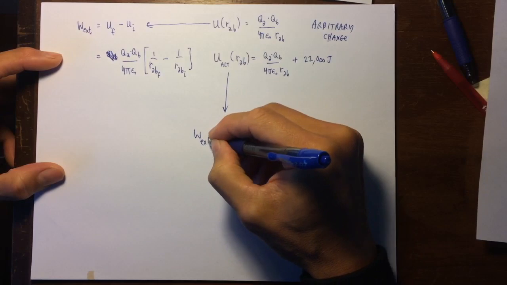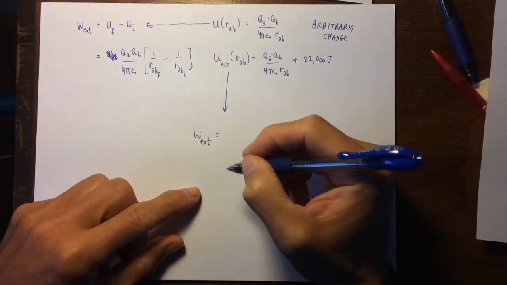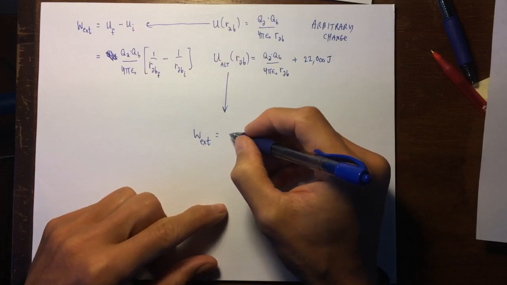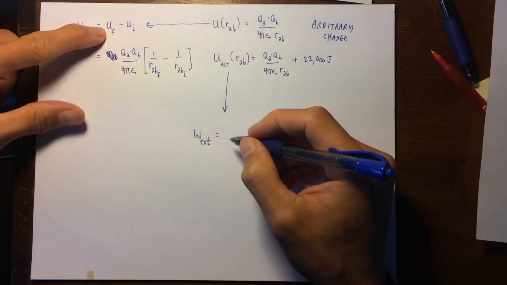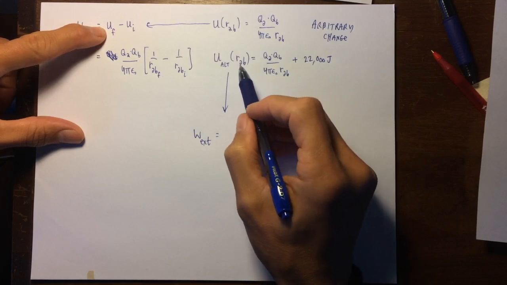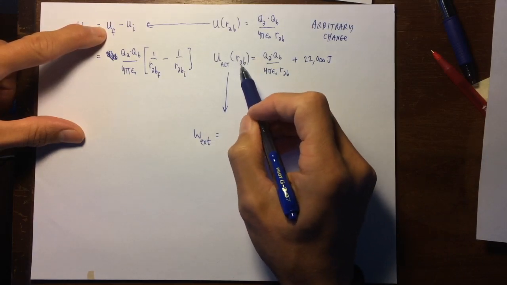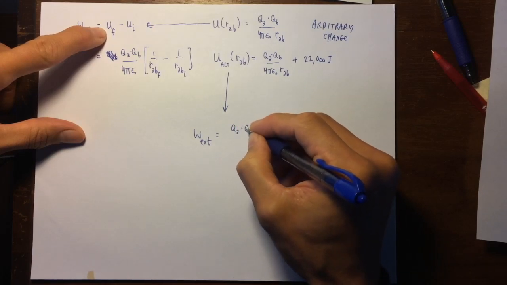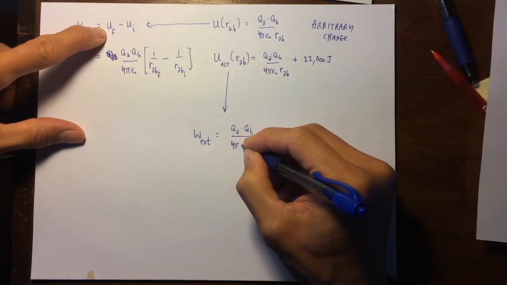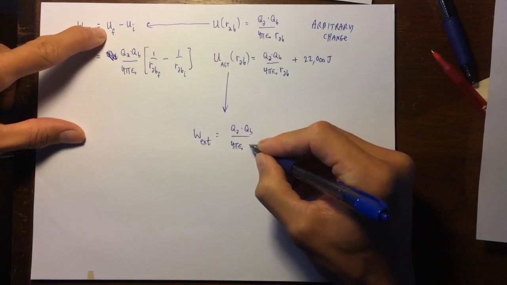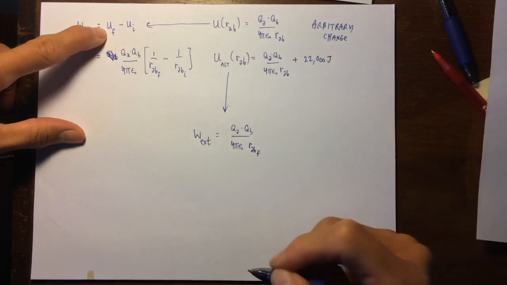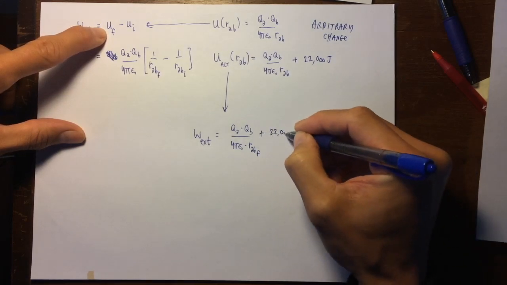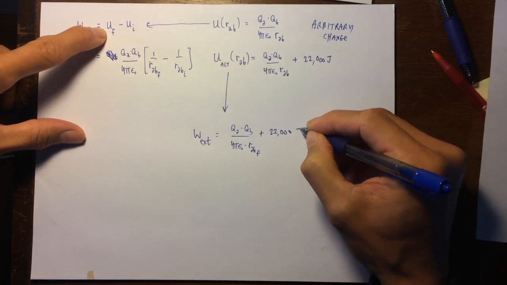What I'll get is the external work required is equal to, I'll need to write it out more, so I've got to do U final. If I plug in, that just uses the final value of the separation distance. So it'll be QA times QB over 4 pi epsilon naught RAB final, all that. But I've got this weird 22,000 joules, right?